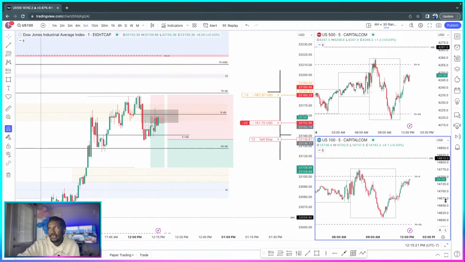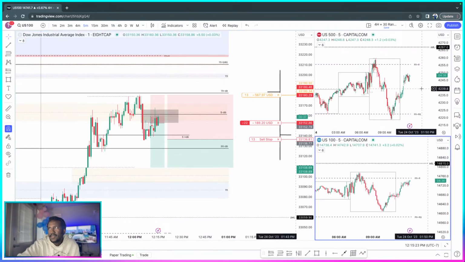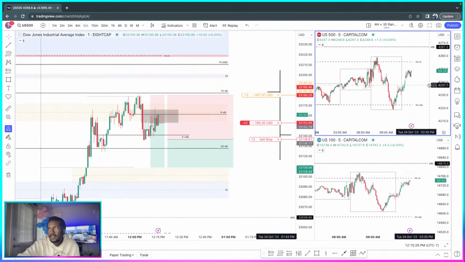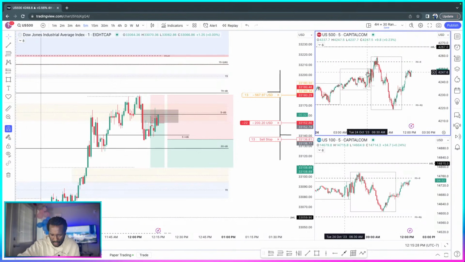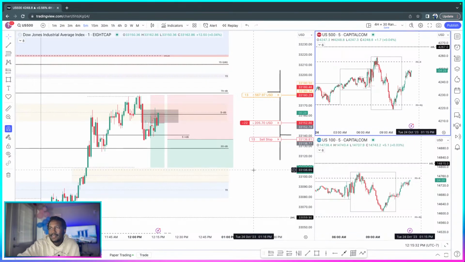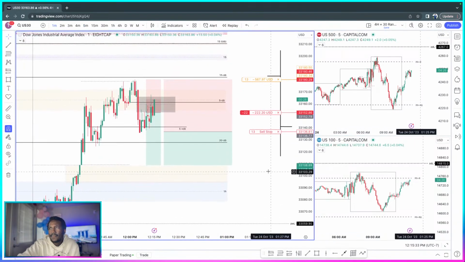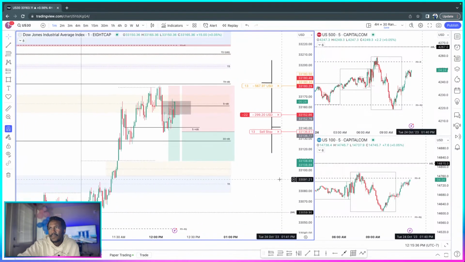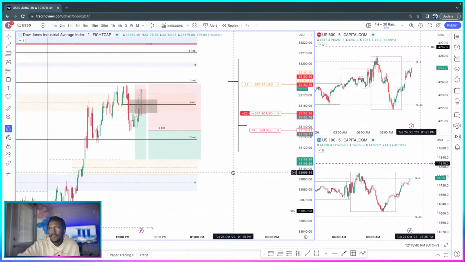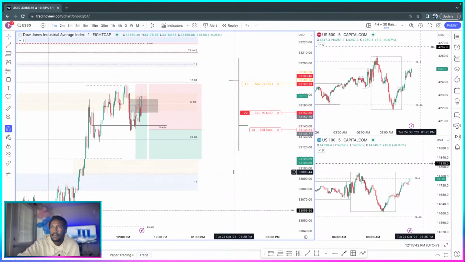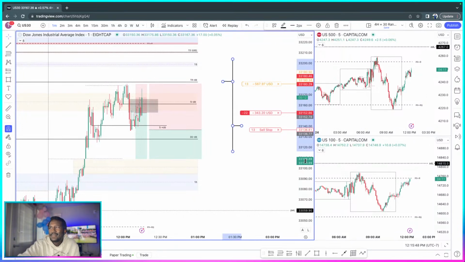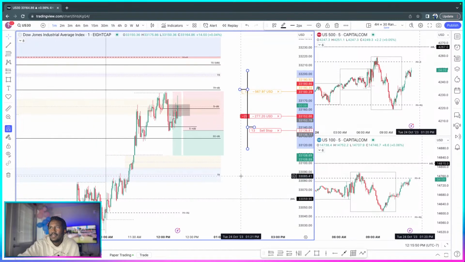US, US 500, okay. Yep, we are going up, my guys. It's now 12:15. I don't think we're gonna be seeing any bearish moves today.